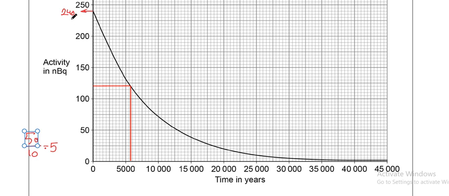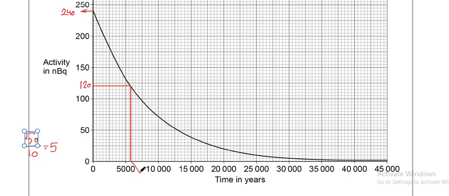So the half-life time would be the time taken to drop from 240 to half of it, which is 120, which is above 100 by 4 small squares, 1, 2, 3, 4. So here is 120, and at this activity will be the half-life time.